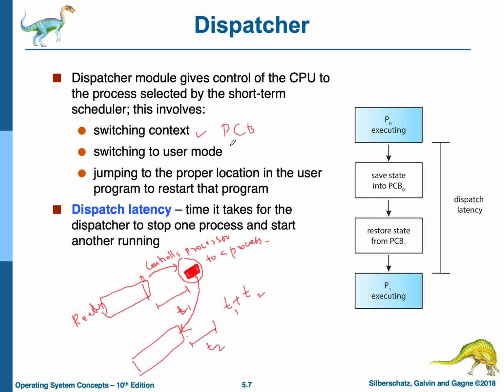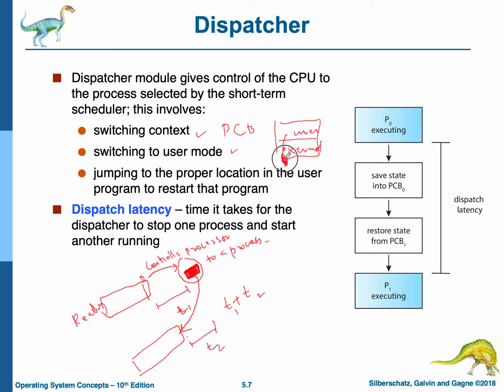Actually, this is used to save the state of a process so that it can be resumed from the same location where we left it. And there is switching to user mode. We have two modes, kernel and user. Every user level process or thread is mapped to a kernel level thread, right?